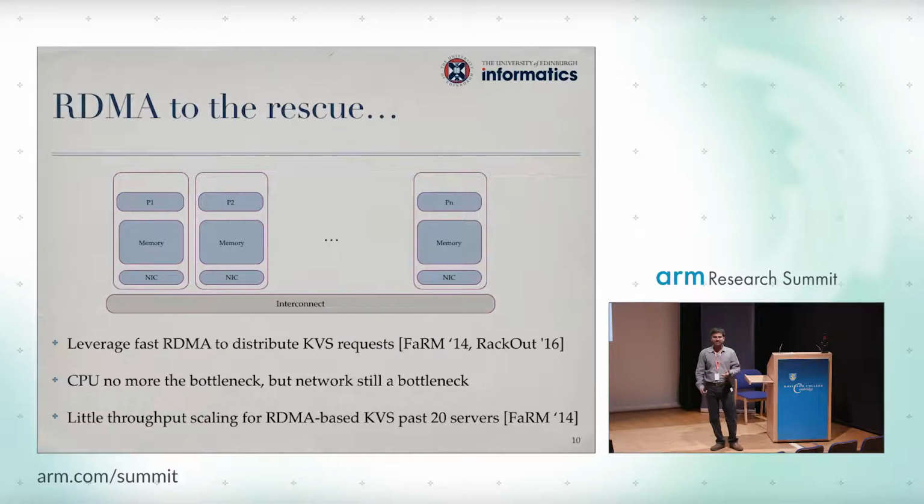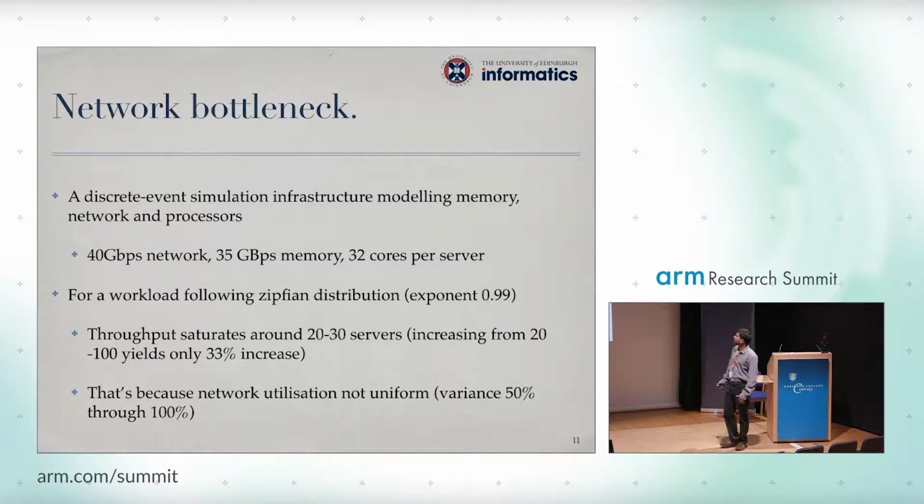And in order to understand this better, we modeled this using a discrete event-based simulator, modeling the memory system, the network, and also the processors. We considered a workload using a Zipf, a power law distribution. And we found that, similar to the observed data, throughput saturates around 20 to 30 servers.